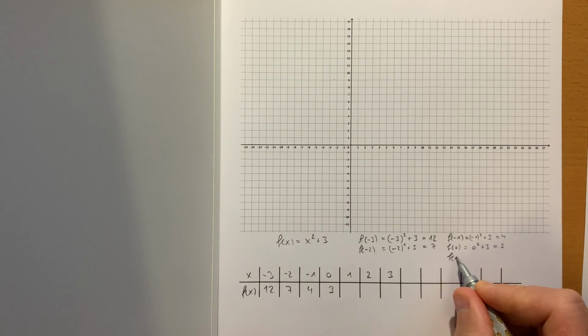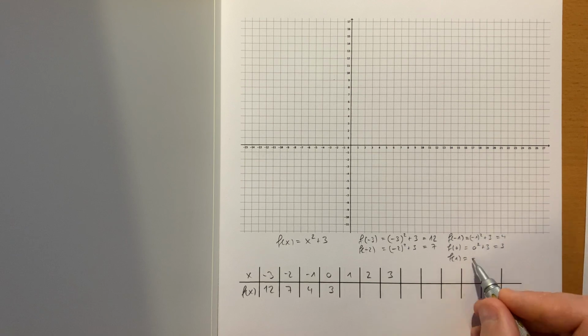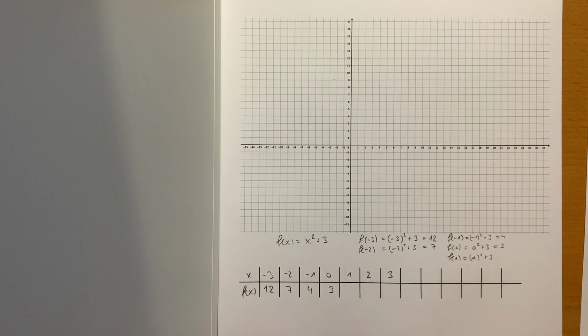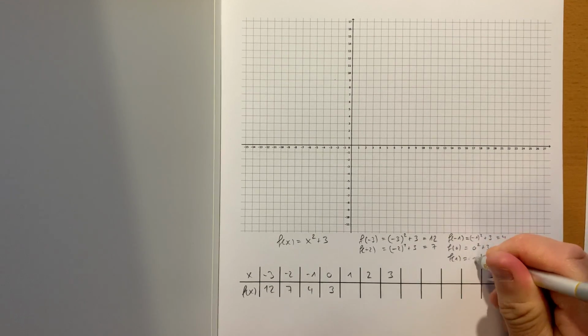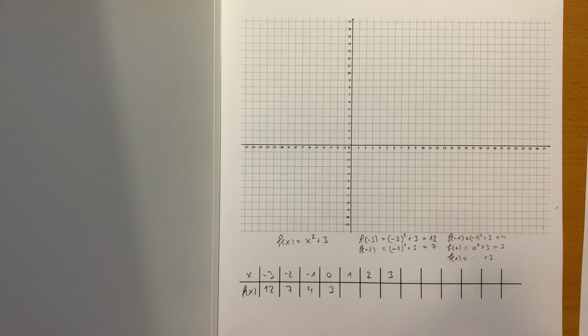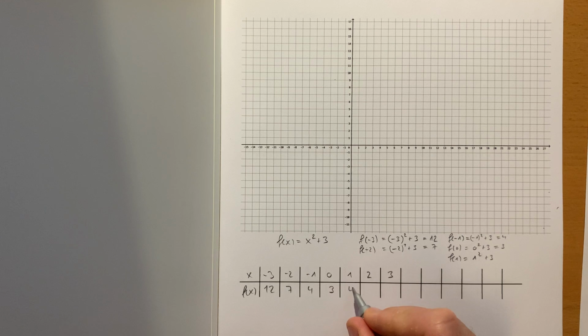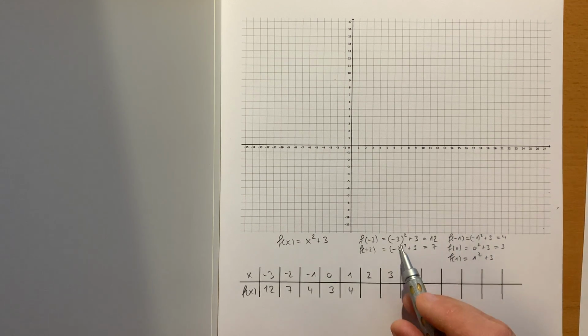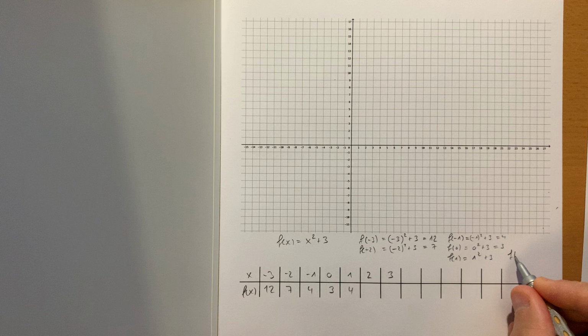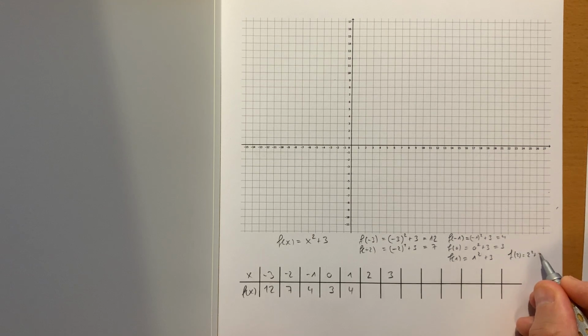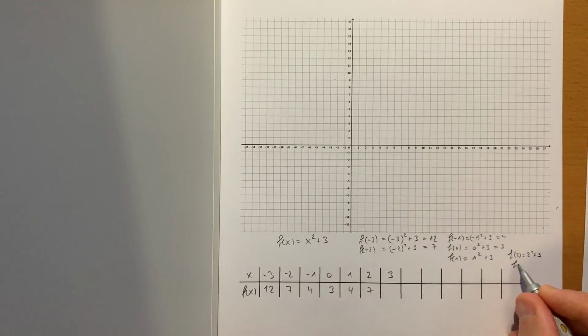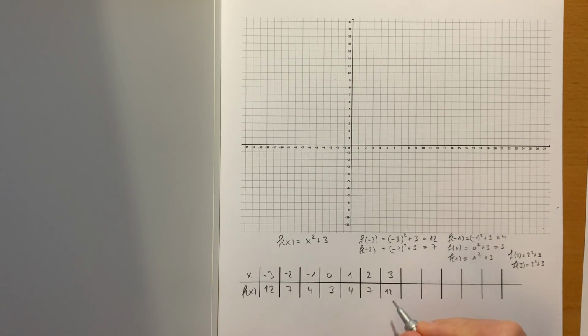Now f of 1, you see that's going to be the same thing again. You don't need the brackets here because there is no minus sign. So 1 squared is 1 plus 3 is 4, and you see when you plug in 2 and 3 the same thing happens. f of 2 is 2 squared plus 3. Well, that's 4 plus 3, it's 7. And then f of 3 is 3 squared plus 3, which is 12.